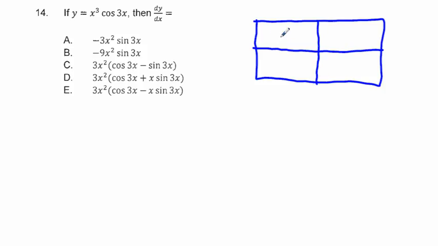So we're going to have x cubed here, and then the derivative of x cubed is going to be 3x squared times, we have cosine 3x, and our derivative of cosine 3x is going to be negative 3 sine 3x. And where do we get the 3 from? Well, we have that 3 because of the derivative of the inside using chain rule.